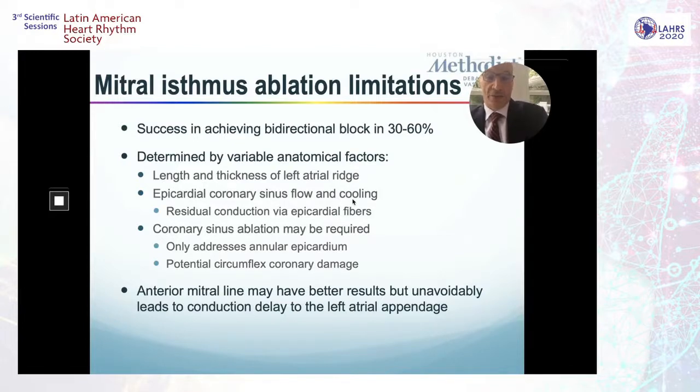Coronary sinus ablation may be required, but it only addresses the annular epicardium and not the rest of the epicardial aspect, and it has potential risk of left circumflex damage. An anterior mitral line may have better results, but unavoidably leads to conduction delay to the left atrial appendage.